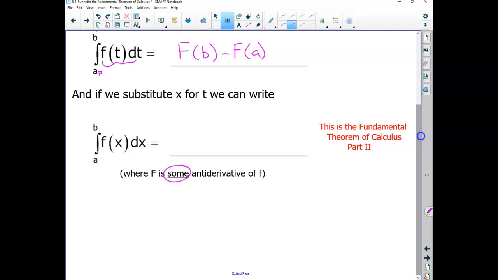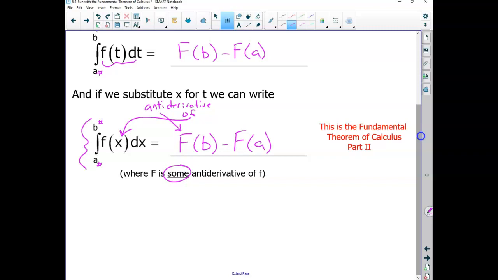This is a definite integral because this is a number and this is a number. It's going to be big F at b minus big F at a. And if you're confused, remember, big F is an antiderivative of little f.